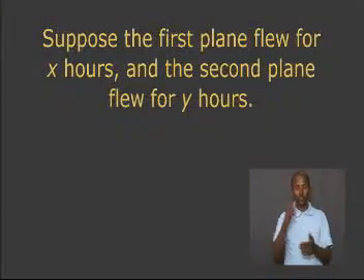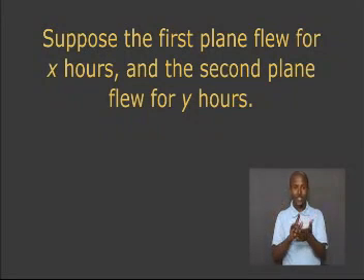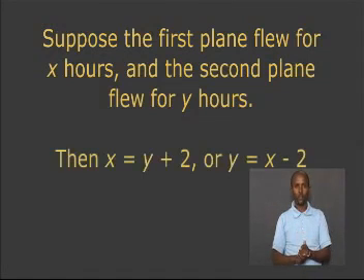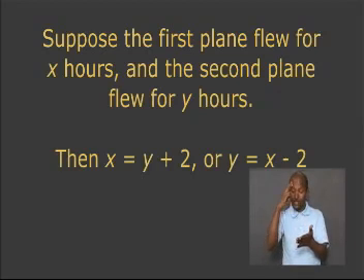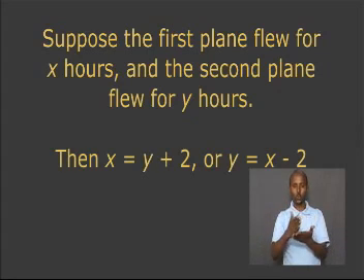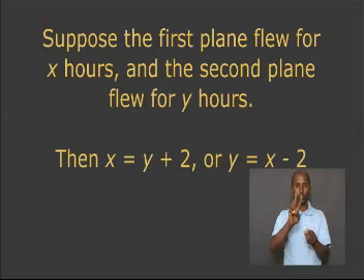Hello again, students. Let us suppose that the first plane flew for X hours and the second plane flew for Y hours. In that case, we can express the relationship between the two flights as X equals Y plus 2 or Y equals X minus 2.